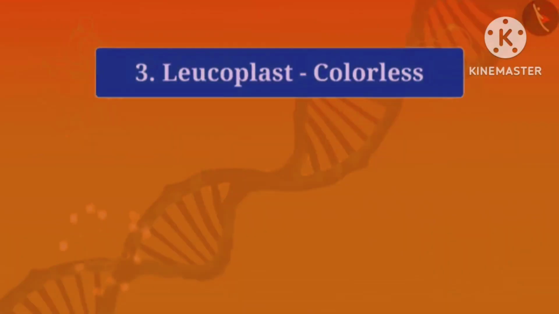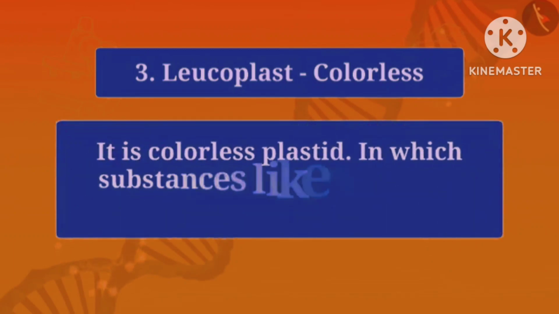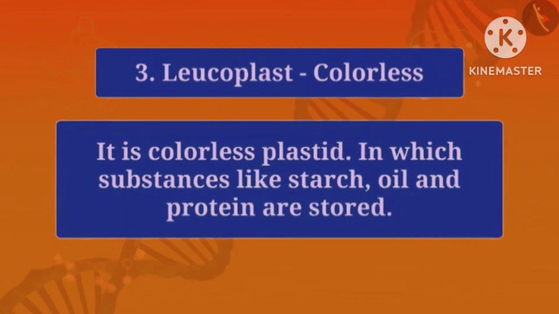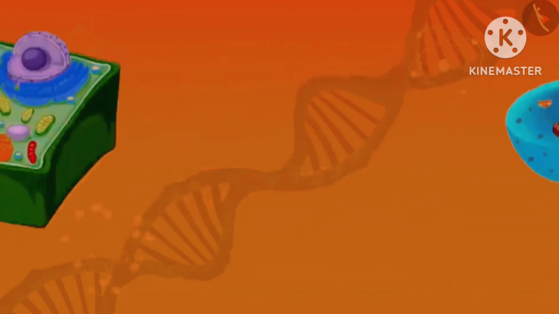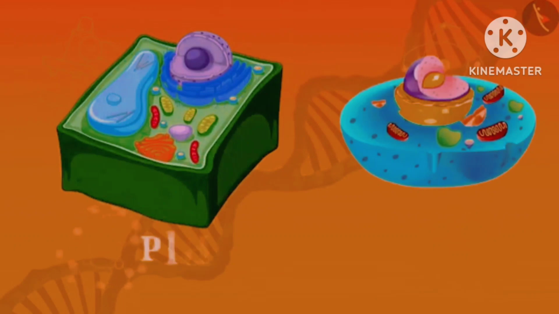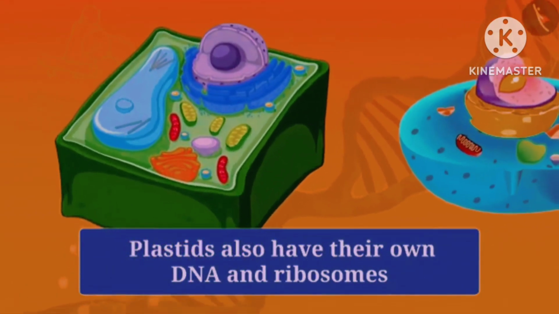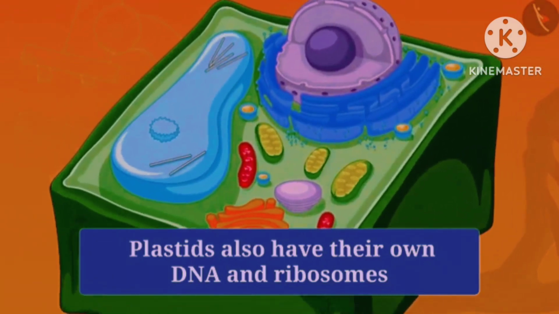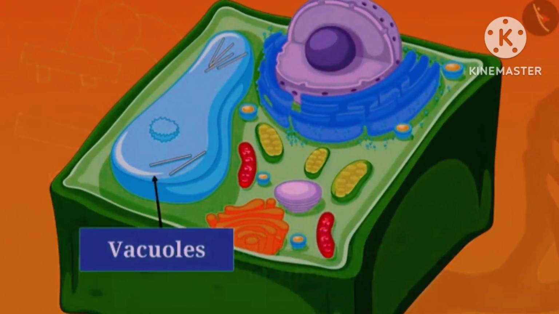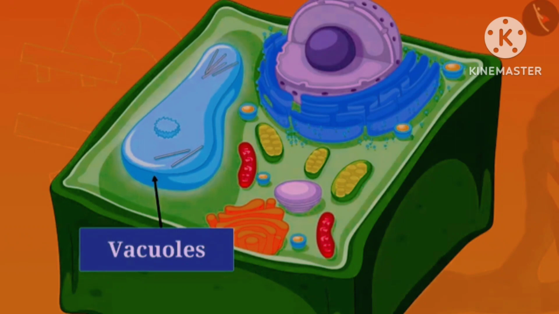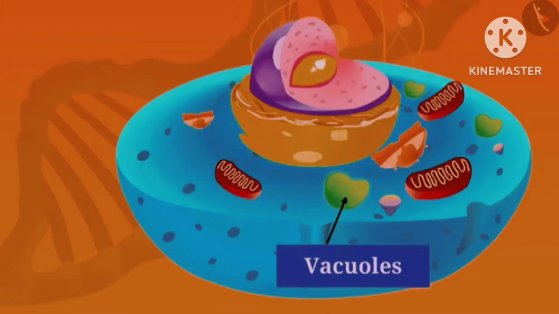Now, we will know about leucoplast. Friends, it is a colorless plastid in which substances like starch, oil and protein are stored. Friends, do you know plastids also have their own DNA and ribosomes which help in synthesis of protein and lipid? So friends, now we will know about the next cell organelle, vacuoles.